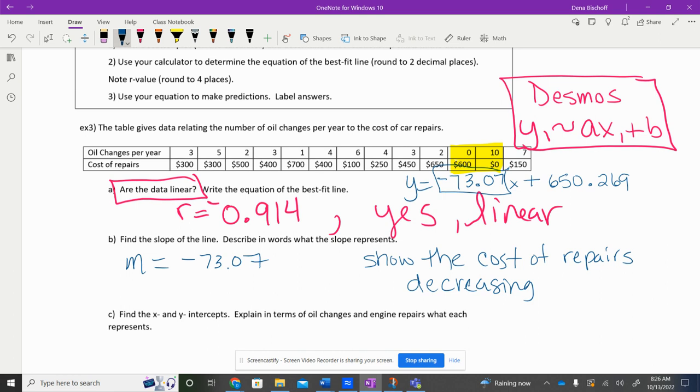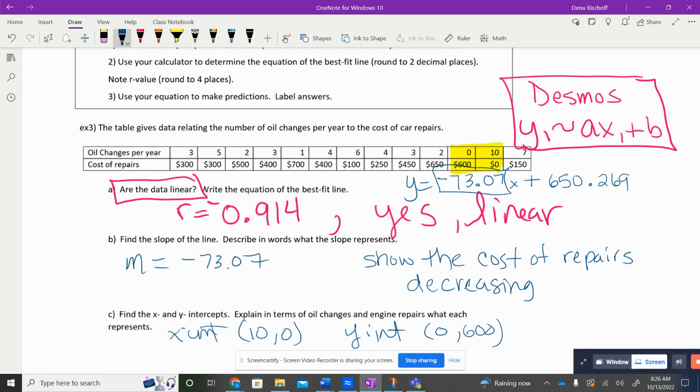The x-intercept is the ordered pair (10, 0), and the y-intercept is the ordered pair (0, 600). So if I have 0 oil changes, it's going to cost me $600. If I have 10 oil changes, it's going to cost me $0. So the more oil changes I have, the less expensive it is. Maybe they're on some bonus program. Who knows?